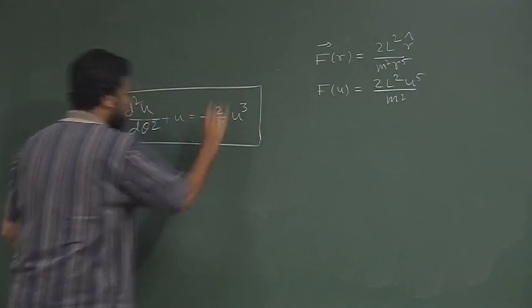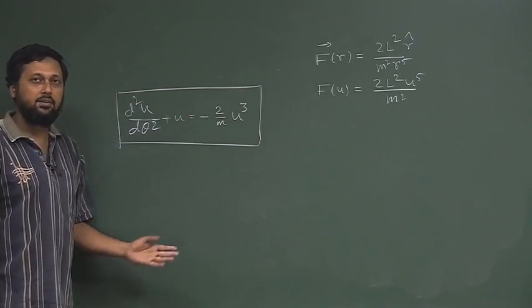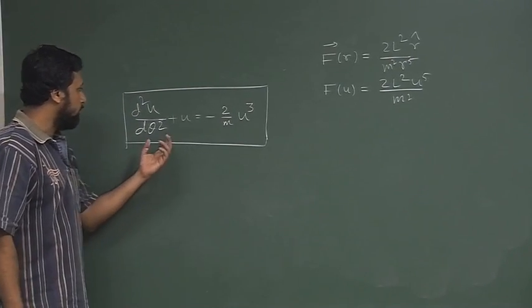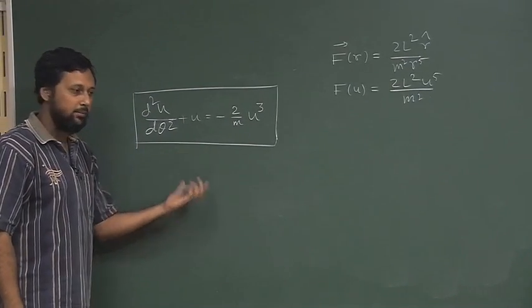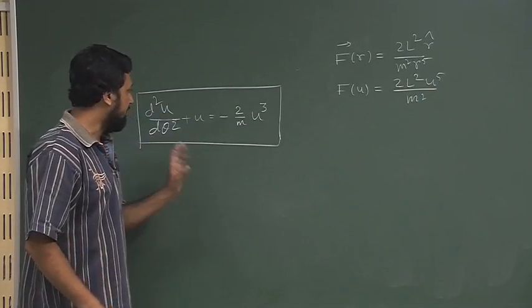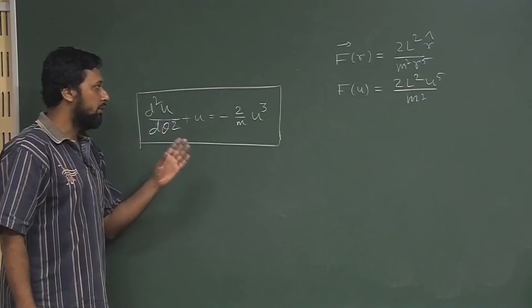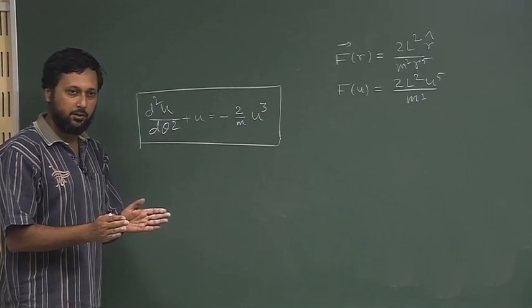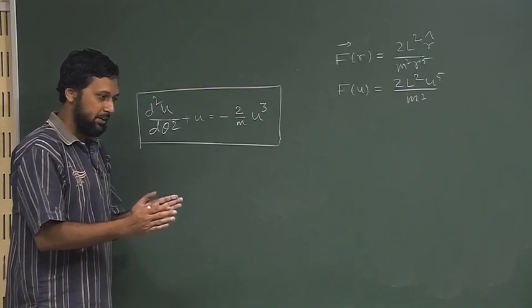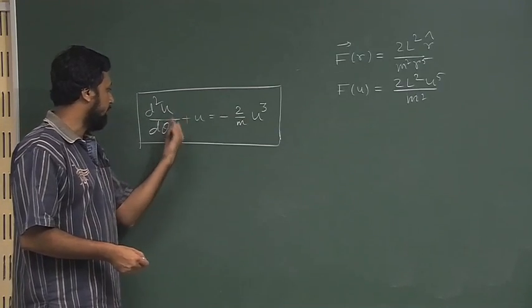All the problems we have described here are very simple problems. In reality, sometimes we have to solve this differential equation. We will take up some more examples as we go on in our classes. But right now, I just wanted to show you how to use this particular form of differential equation for connecting u and theta.